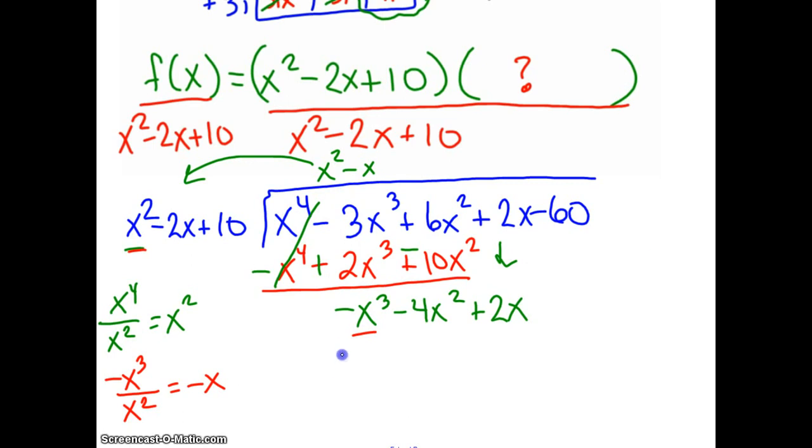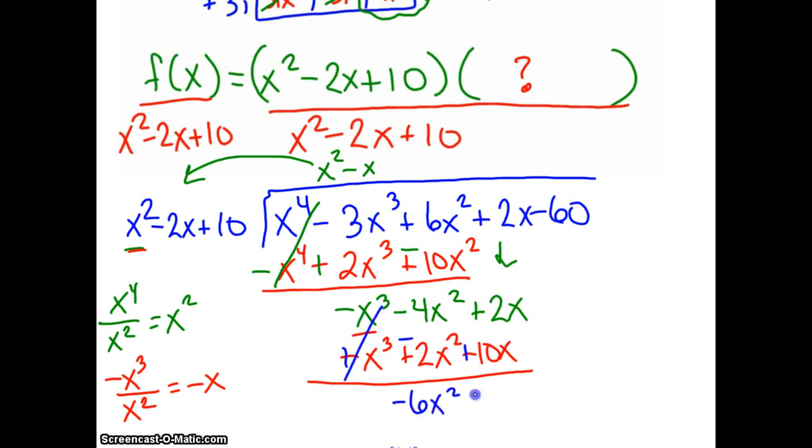I get negative x cubed plus 2x squared minus 10x. Switch the signs. x cubed cancels, negative 6x squared plus 12x, bring down the 60, negative 60, do it all over again.